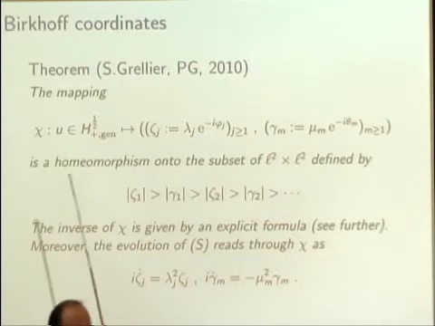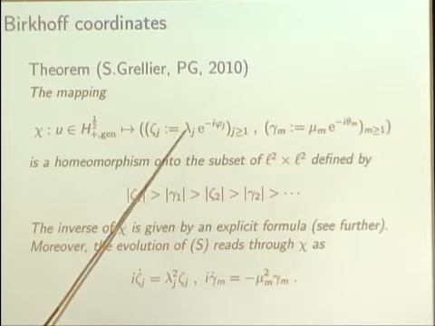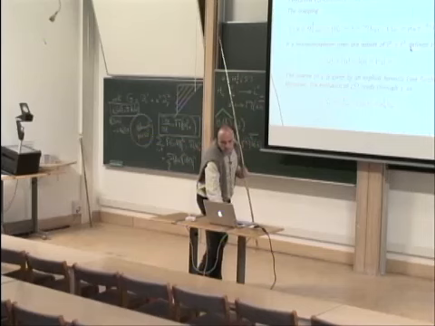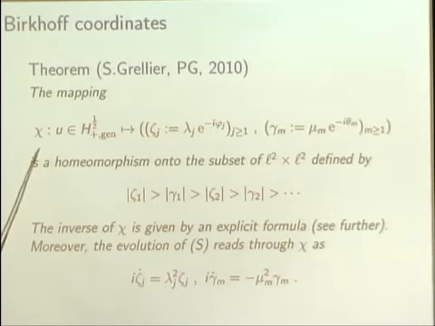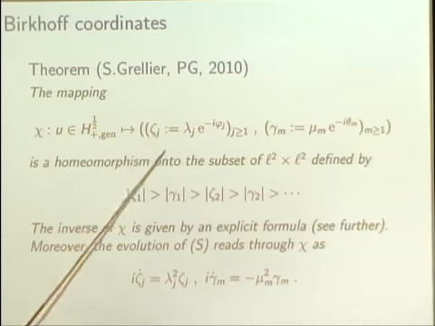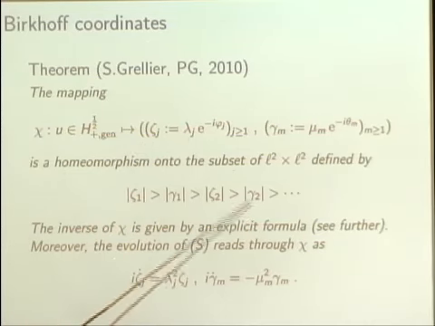Now, the main theorem is that you start from a function, you assume it's generic, and you define all these eigenvalues, lambda j's, mu m, and you define the angles, phi j's and theta m here. And you define a mapping here. I claim that this mapping is a homeomorphism from this generic set onto a subset of L2 times L2, which is the trivial one, corresponding to the inequalities lambda 1 larger than mu 1, larger than lambda 2, larger than mu 2, etc.